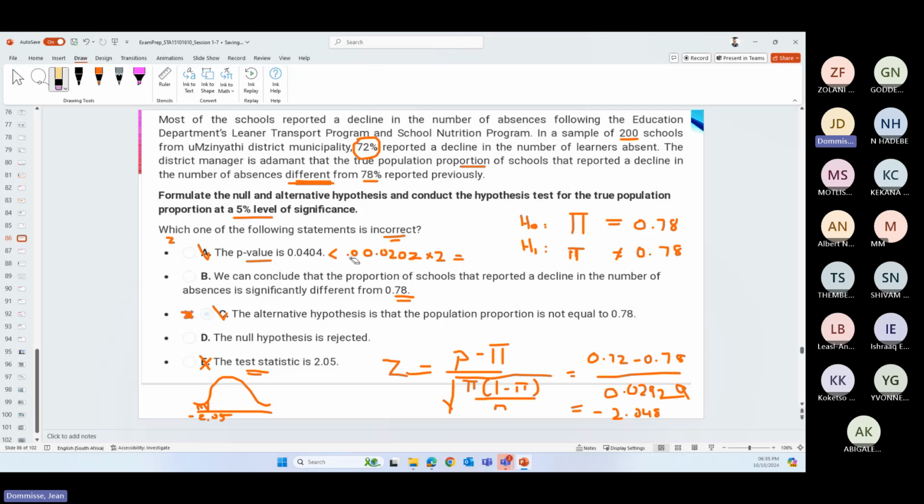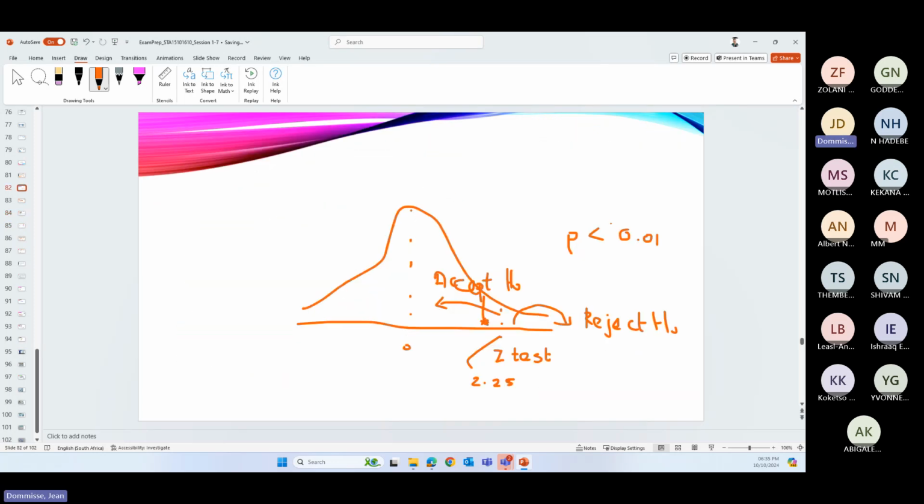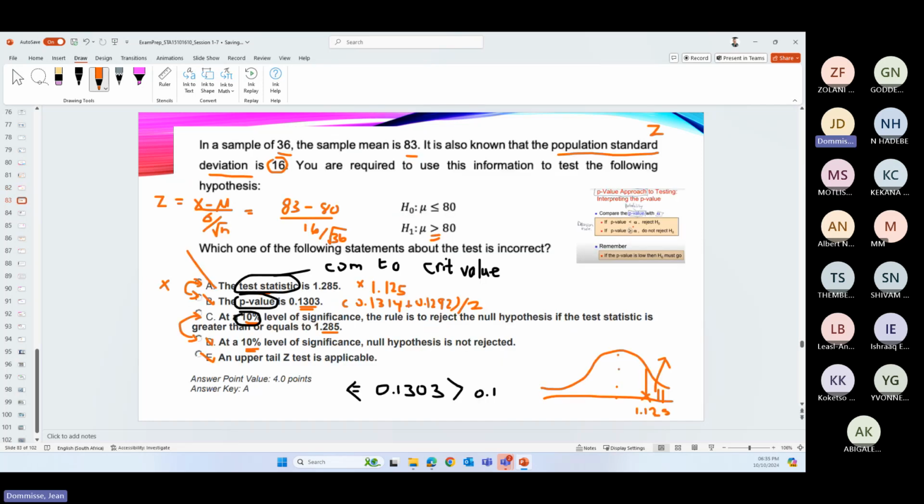Let's take that away and just write it at the bottom. So that is smaller than 0.05. Let's see from that cheat sheet that we have: if a p-value is smaller than the alpha, we reject the null hypothesis.